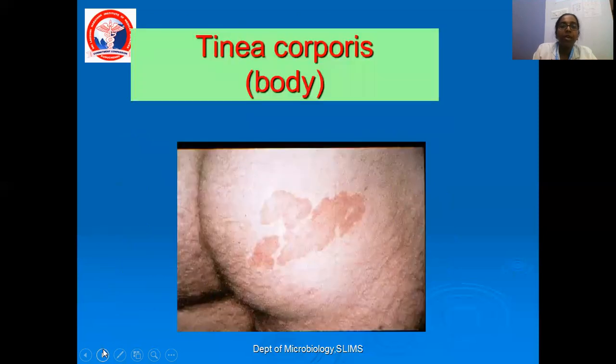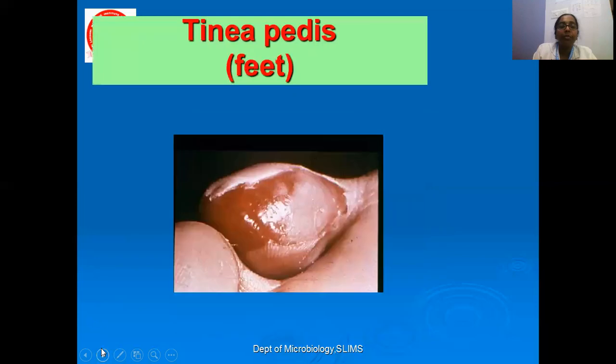So this is tinea corporis. Usually it is an annular lesion where you can see the periphery is active, and at the center there is clearing. Tinea pedis, that is in the creases in between the toes, you can see the infection.